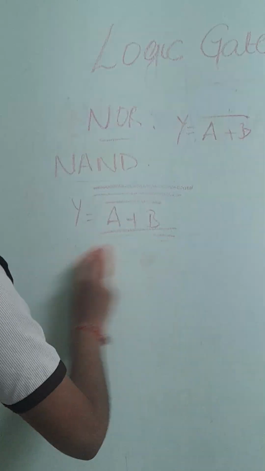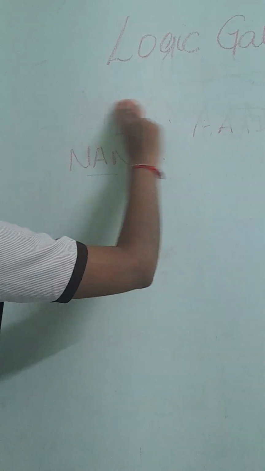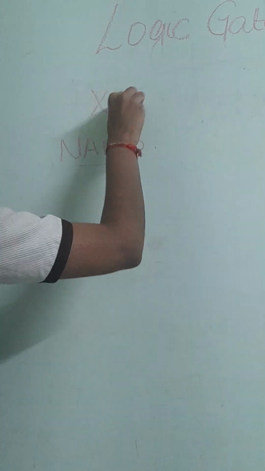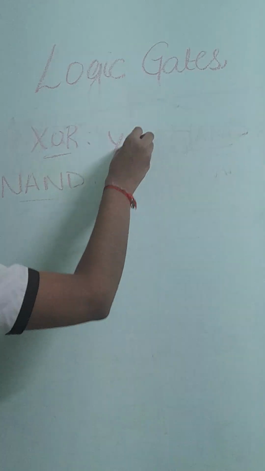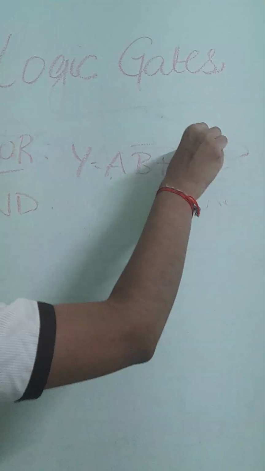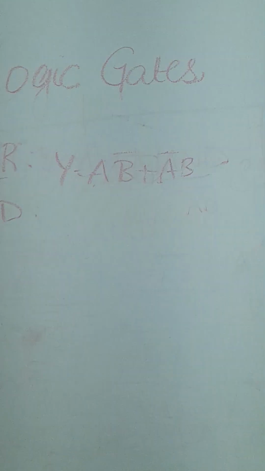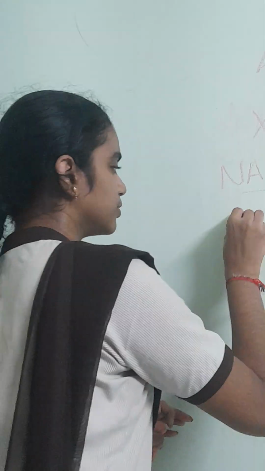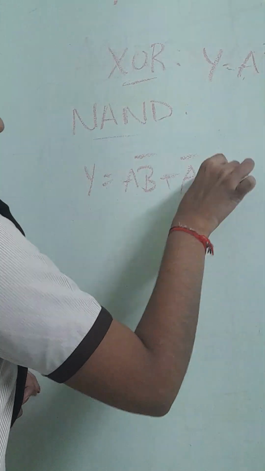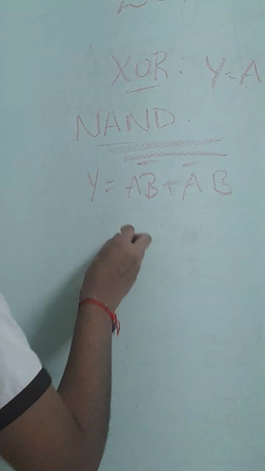Now let's see the conversion of XOR gate to NAND gate and NOR gate. So let me take XOR gate, and its Boolean equation is A B bar plus A bar B. So now what I am going to do is Y is equal to A B bar plus A bar B double bar.